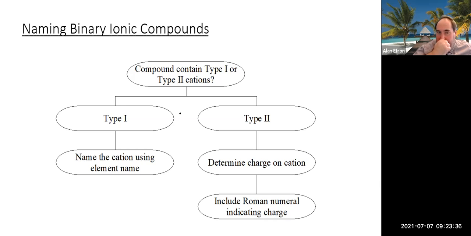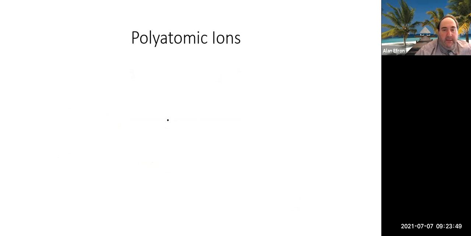So what we're going to talk about next is also sort of ionic bonding in a sense, and it's a little bit of covalent bonding as well. And this is polyatomic ions. Polyatomic ions are basically groups of nonmetals together that have charges.